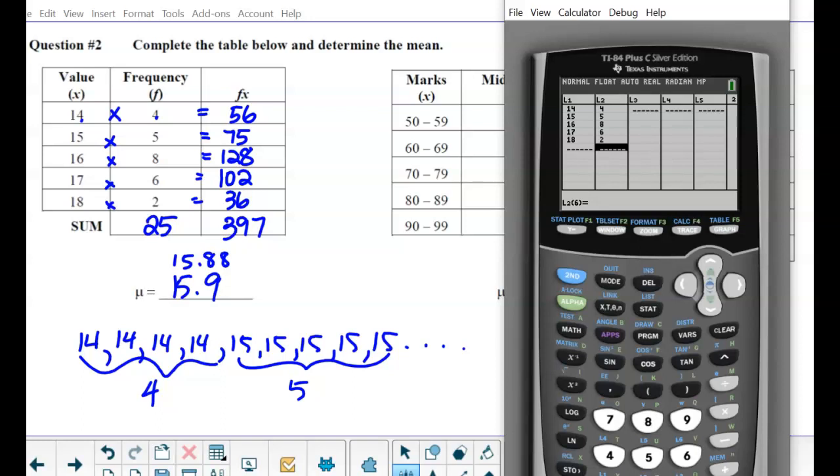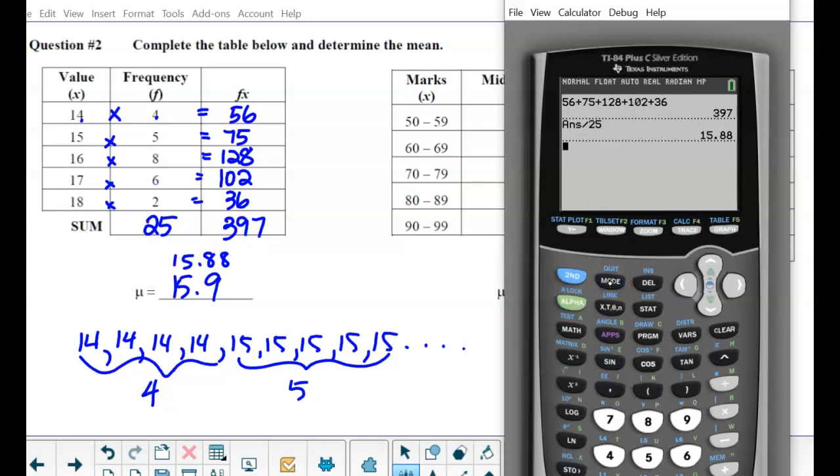Okay, so you've entered that, so quit out of the lists. So second mode is quit. Go to stat and calculate. Always one variable stats. L1 is our data values.